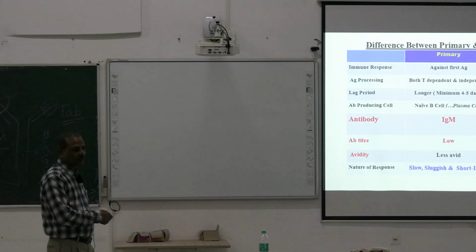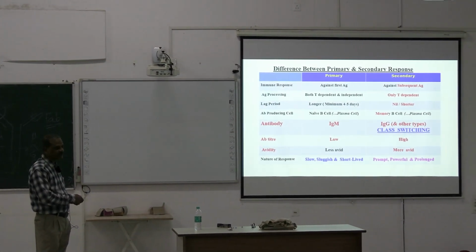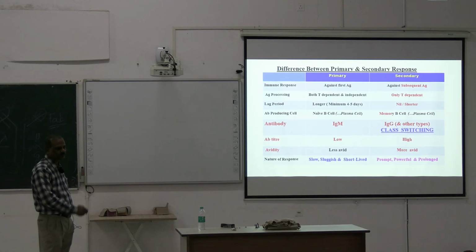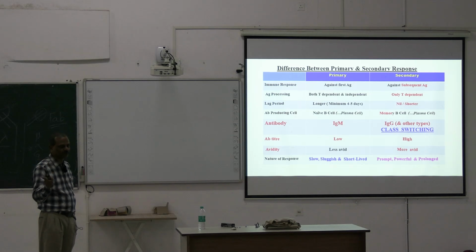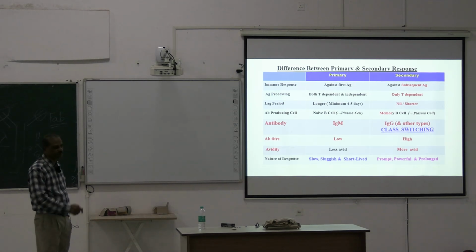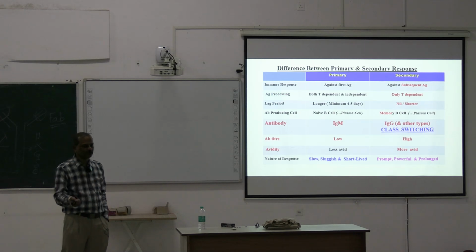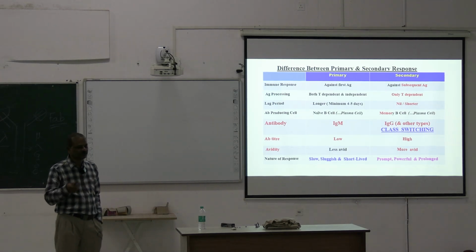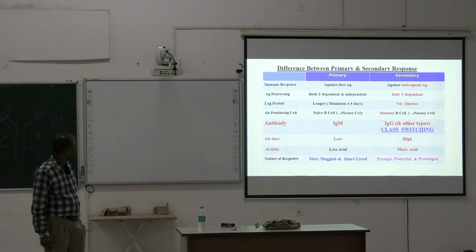So this is the most important point: antibody is IgM type in the primary response, and in the secondary response it is mainly IgG or the other 4 types can happen. So there is a class switching from one to another, IgM to IgG, mainly IgG, because IgG concentration is highest.